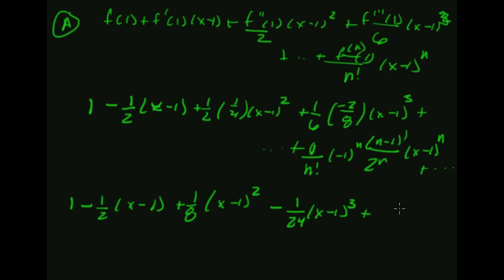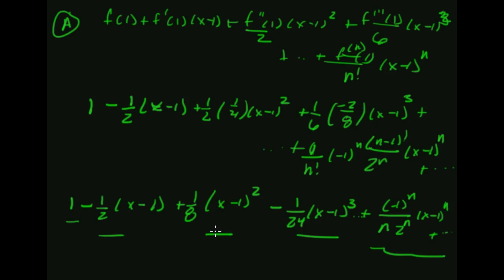And then we're going to get a negative 1 to the nth up top. We're going to get an n in the bottom. There's a general term. 2 to the n times x minus 1 to the nth. And there you go. So there's the first 1, 2, 3, 4 non-zero terms and the general term.